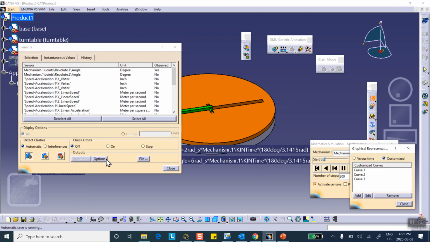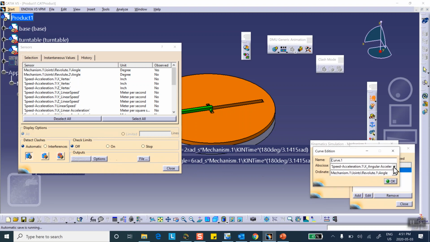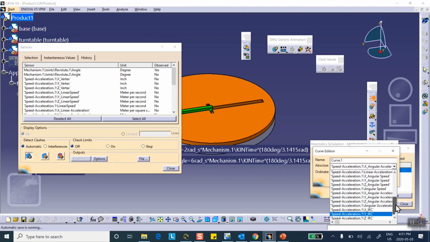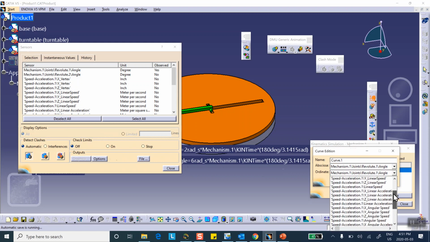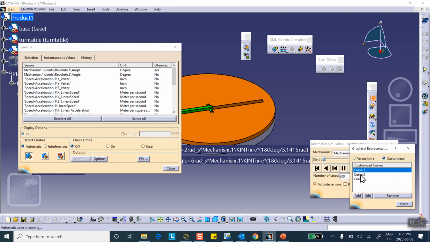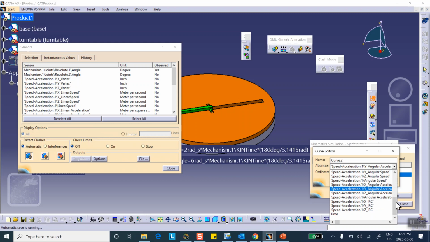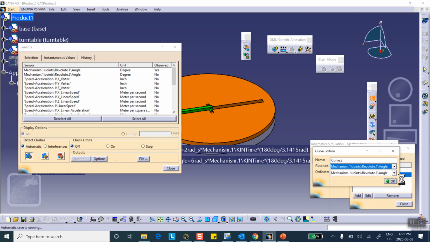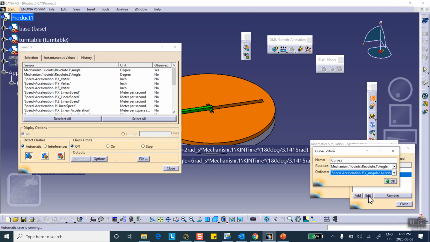Then in the options, curve 1, edit. I want the horizontal axis to be the angle and the vertical axis to be the x component of the acceleration. I selected them the bad way. Go to curve 2, edit, the horizontal axis to be angle location and the vertical to be the y component of angular acceleration.